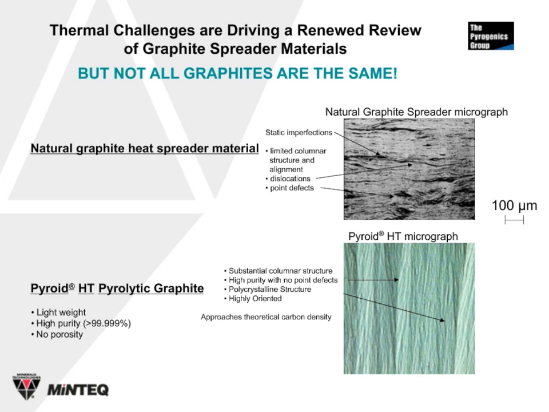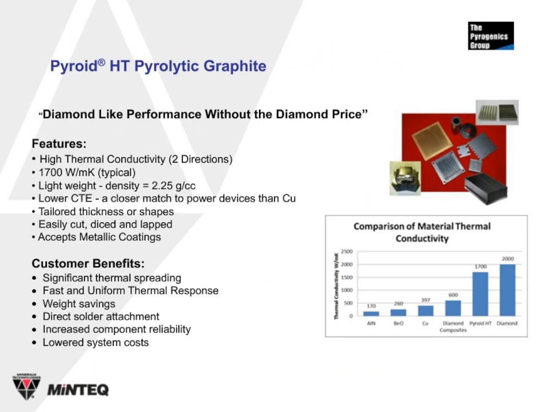To summarize some of the benefits of Pyroid HT pyrolytic graphite, this slide gives a brief summary of some of the key features. First of all, we have high thermal conductivity, but that high thermal conductivity is expressed in only two directions.